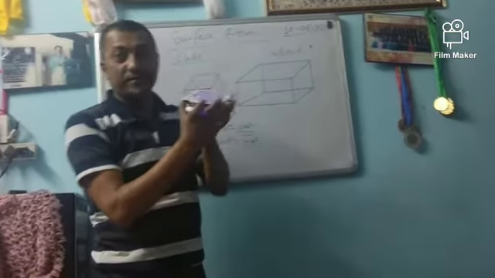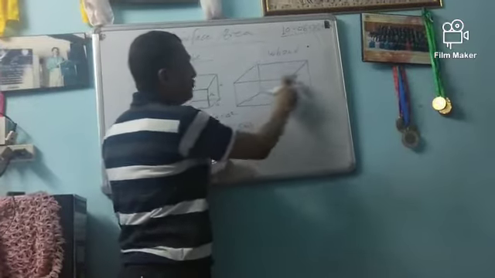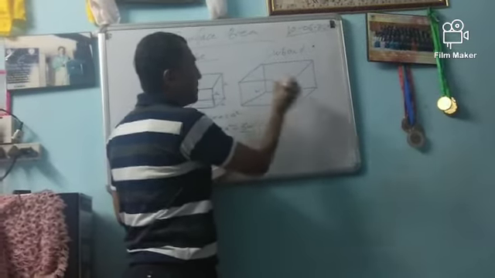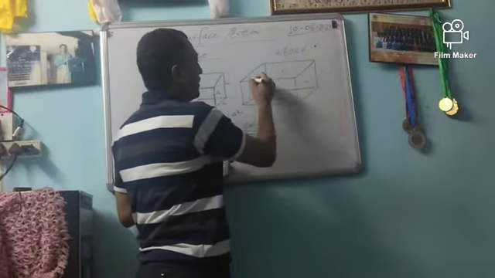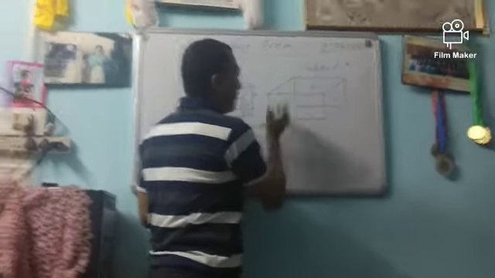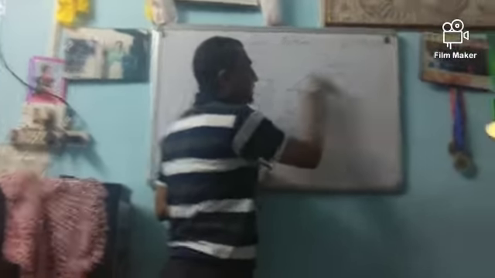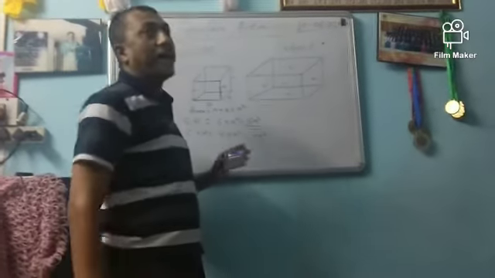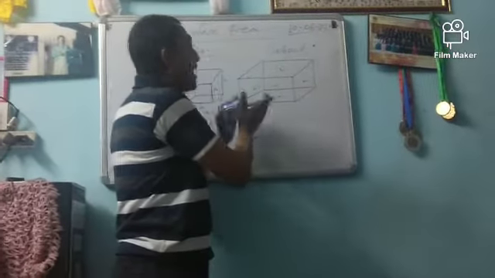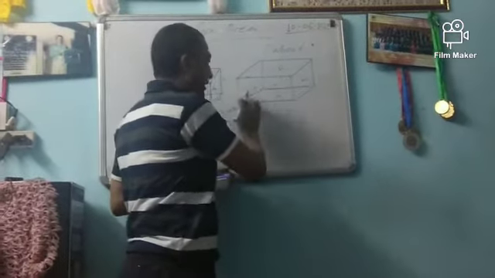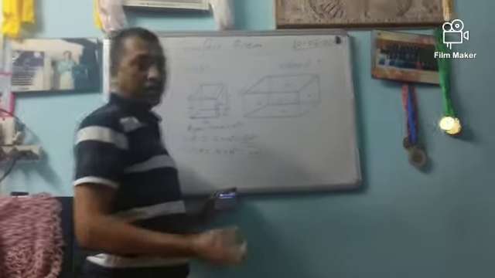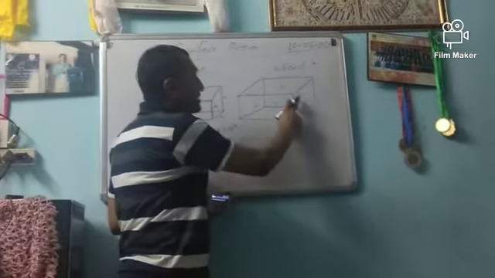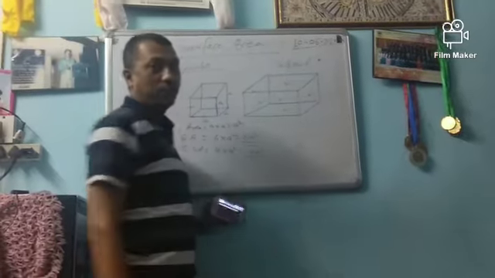So a total of 6 faces are there. Each part is called a face. So the total number of faces in a cuboid is also 6.